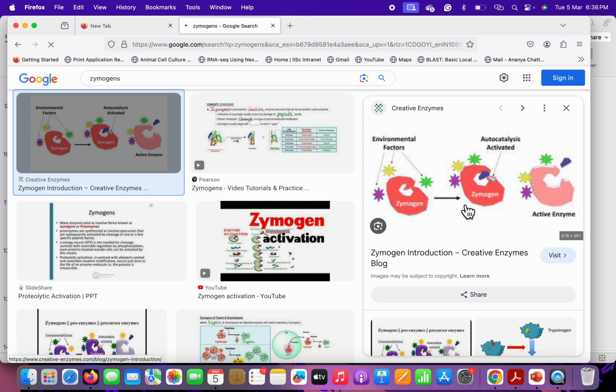This is called autocatalysis. If not autocatalysis, it can also get clipped into two substances. Breaking a bond can also be called autocatalytic activation. This was a zymogen, but after breaking a part of it apart, it becomes an active enzyme.